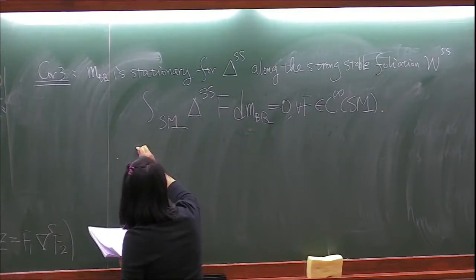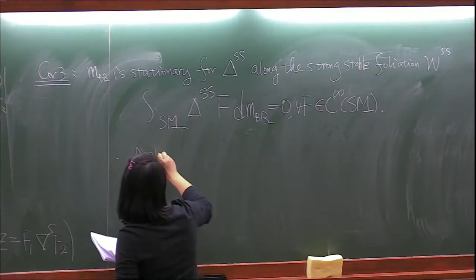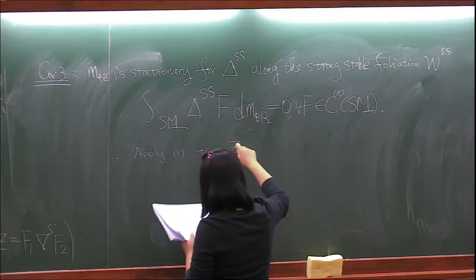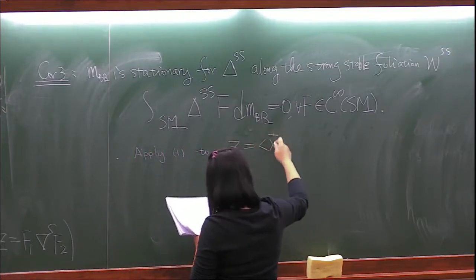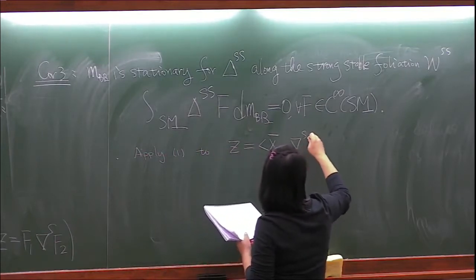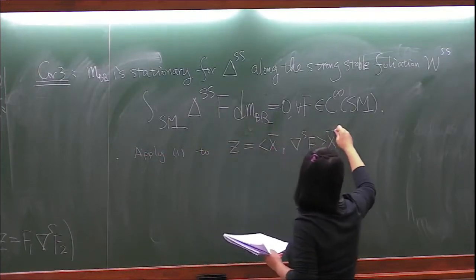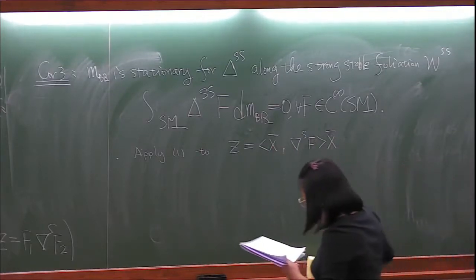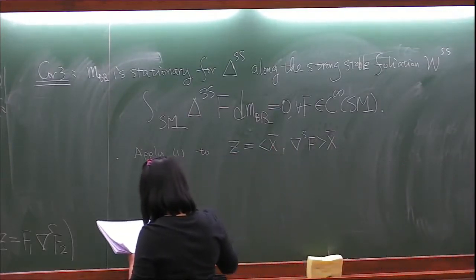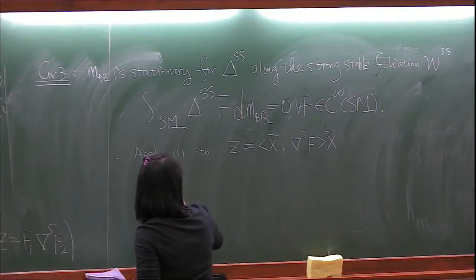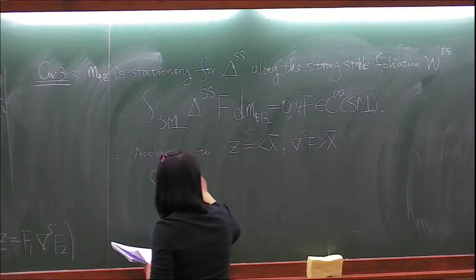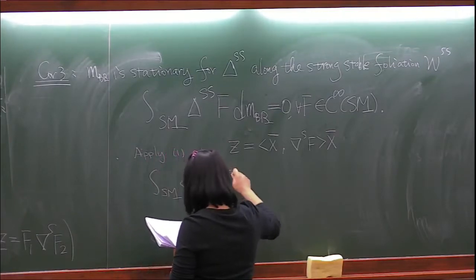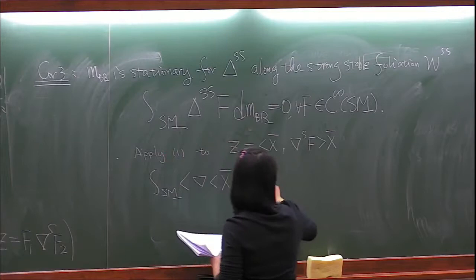First you apply equation 1 to this z equals x bar, gradient f x bar. And you apply it to this one, then you will get something. I just write it here, and this gradient x bar sf.